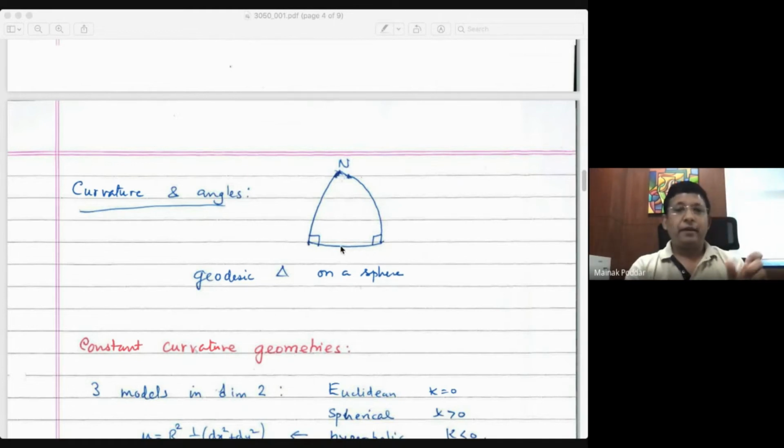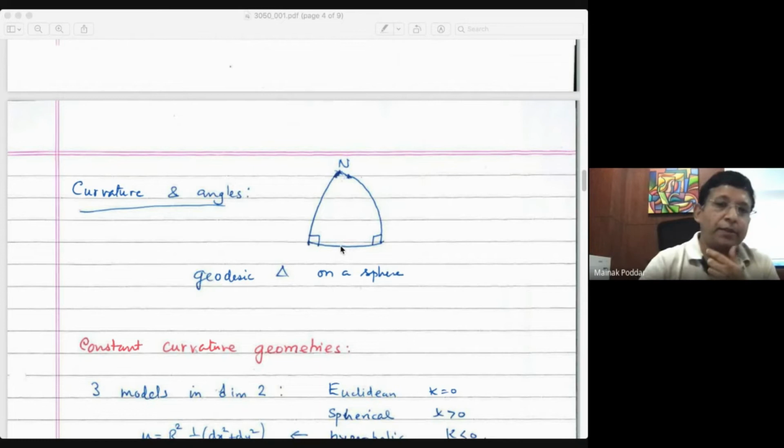Now you can consider some geodesic triangles, and we're looking here at the standard sphere. I chose a triangle with two longitudes and the equator, and you have 90 degrees, 90 degrees, and basically you have a geodesic triangle whose total angle is greater than 180 degrees.